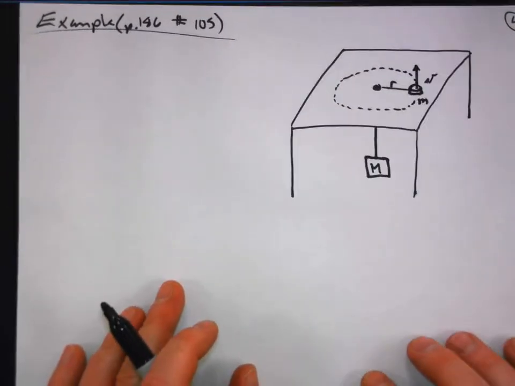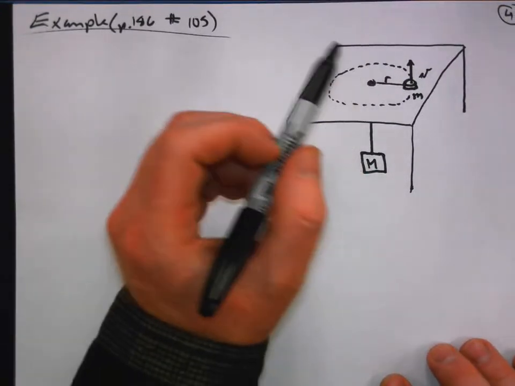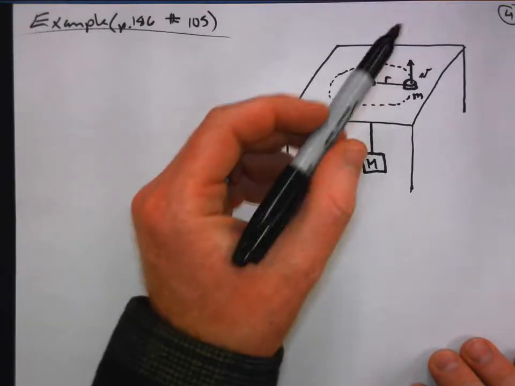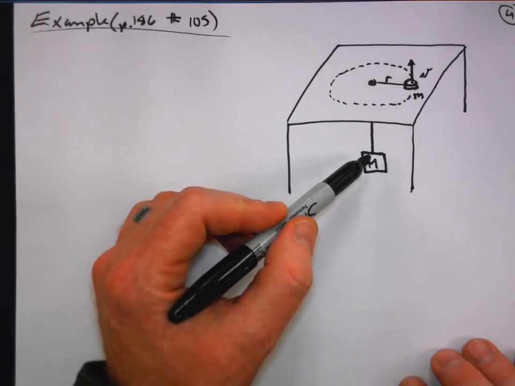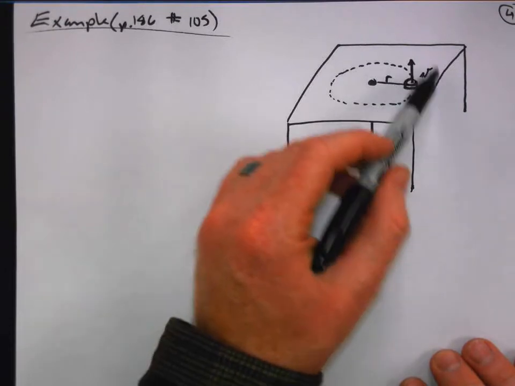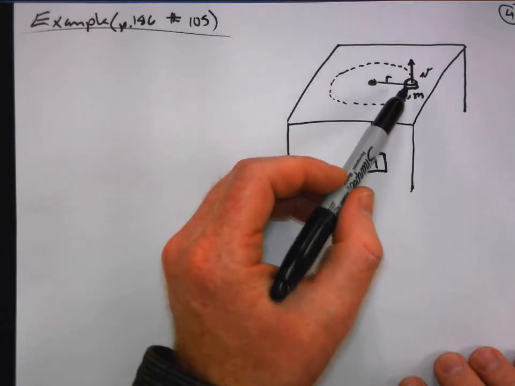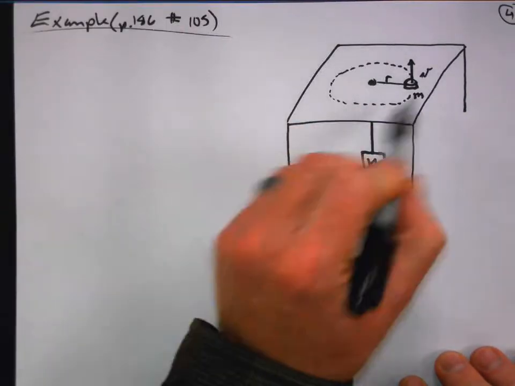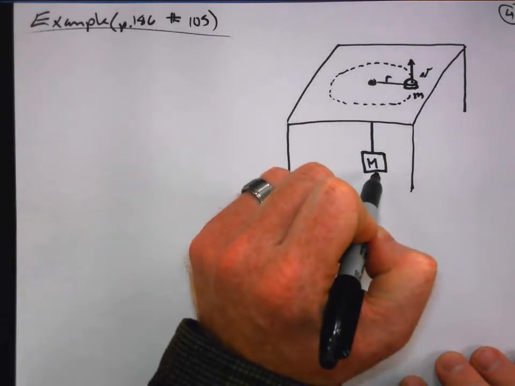So in this problem, we're asked to figure out, what does this velocity have to be in order for this situation, with this mass hanging down below, to be an equilibrium situation? If we imagine the surface of the table is frictionless. Not very realistic, but the whole setup is kind of wacky. How fast must we spin that thing around in a circular path to keep this mass stationary?